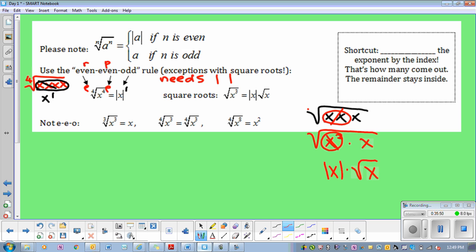There are some examples of not even, odd. Look at this, cube root of x cubed. That's odd, odd, odd. Nope, don't need absolute value. Even, odd? Nope, don't need absolute value. And this one, even, so you don't need absolute value. Okay?